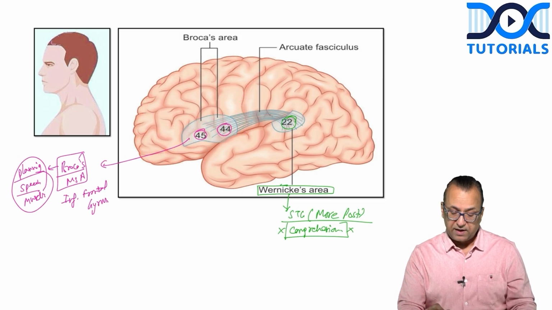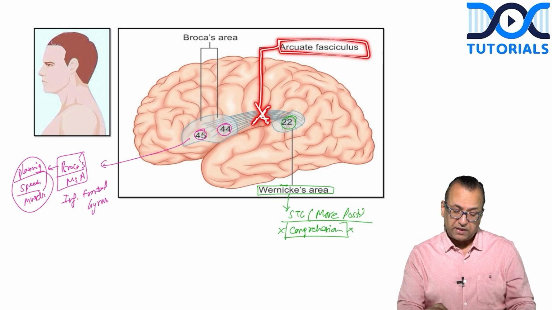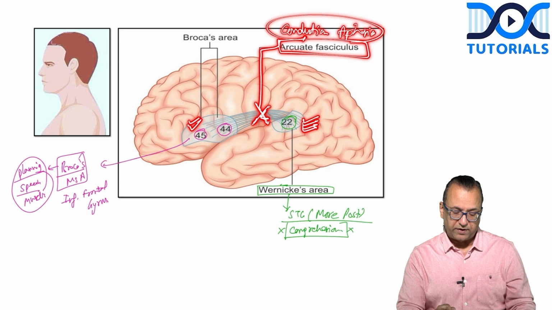What will happen if there is a lesion in the arcuate fascicle, which is connecting the Wernicke's with Broca's? Then there will be what is called conduction aphasia, and the typical finding in conduction aphasia is, since Wernicke's is not affected, the patient's comprehension of language is good. Since Broca's is not affected, the fluency of speech is good.